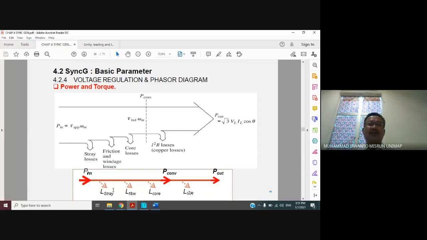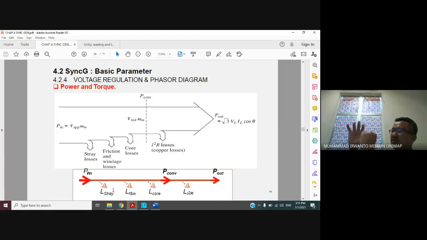Now about the power and torque. Here is the rotor and this one is the stator. The rotor is moved by a prime mover.